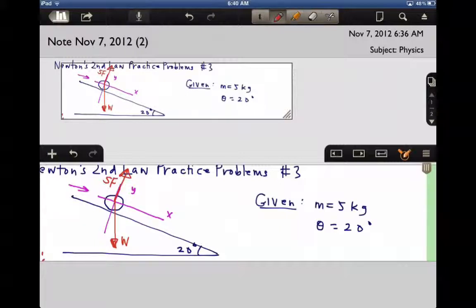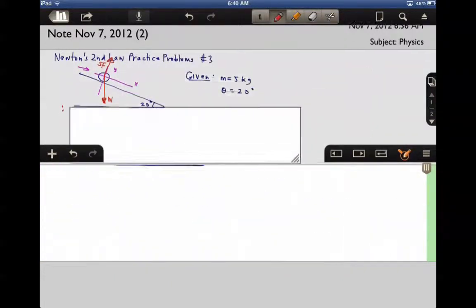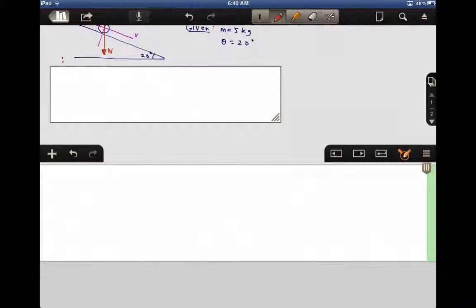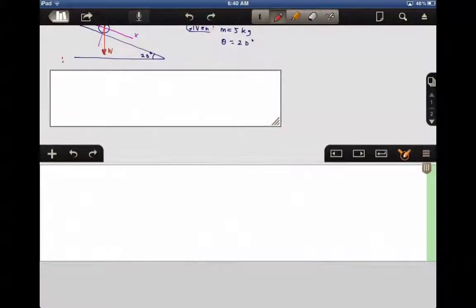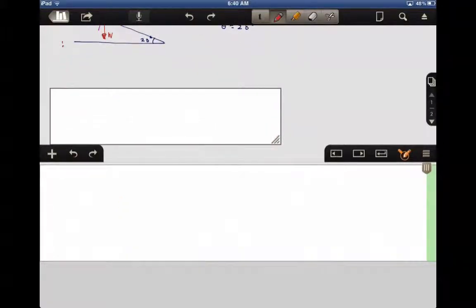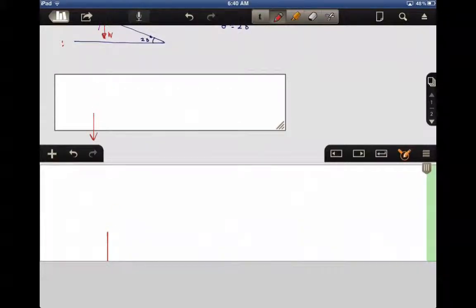Now, this diagram looks a little messy. It's kind of hard to see, so I'm actually going to scroll over here and redraw this. We have W going down, and the support force going up at an angle like that.